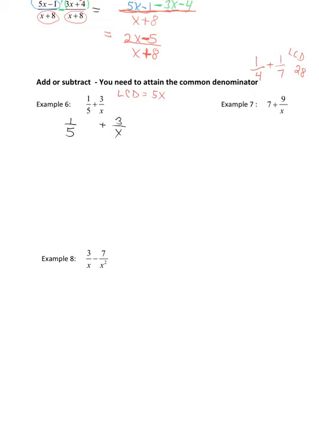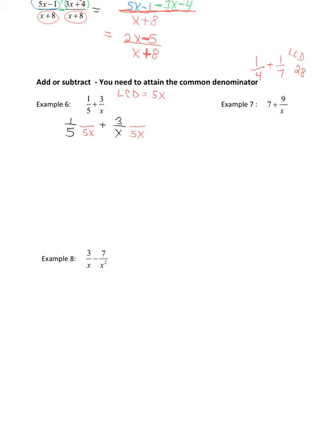But now I'm going to take my common denominator of 5x and place it next to each one of these because I need to make the common denominator out of the denominators I have. 5, the first denominator, is only a piece of the least common denominator. And on the second expression, 3 over x, the x is only a piece of the common denominator.